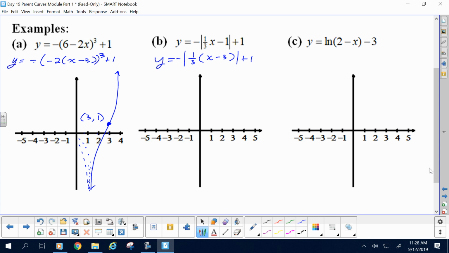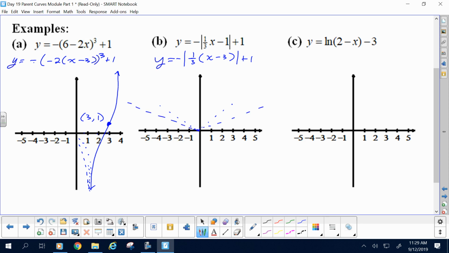Now let's talk the process. The basic shape of absolute value is V. And that V normally is a line with a slope of 1 unless you change it. In this case, we've got a 1/3 in front of that. Is that a horizontal stretch or squish? Stretch. So now you can think of the slope as 1/3.